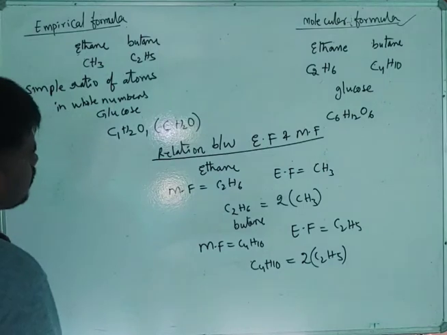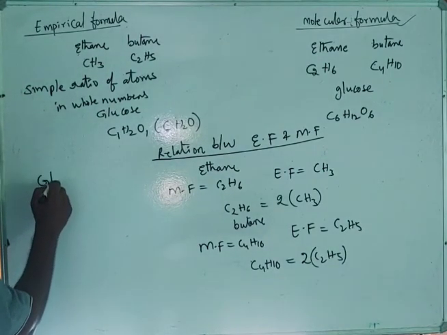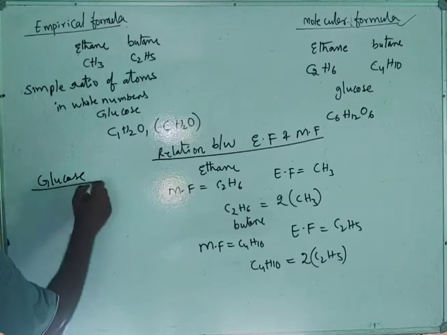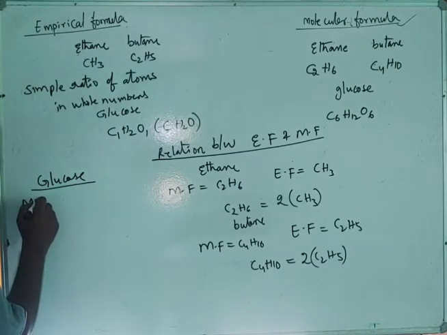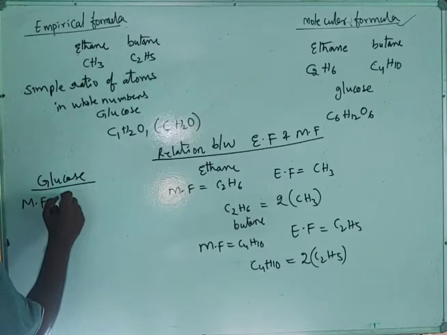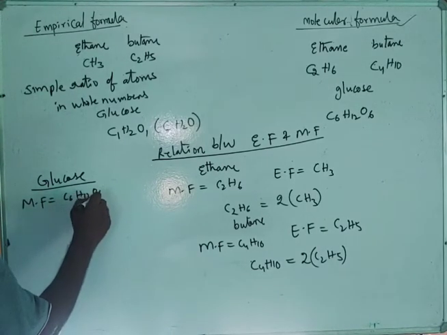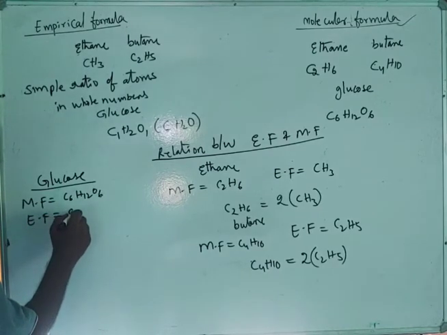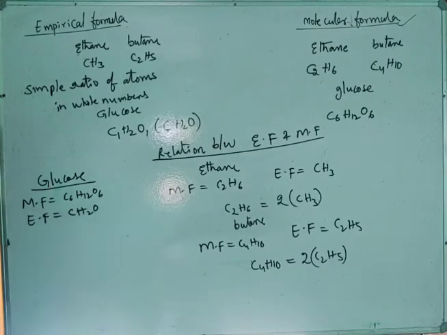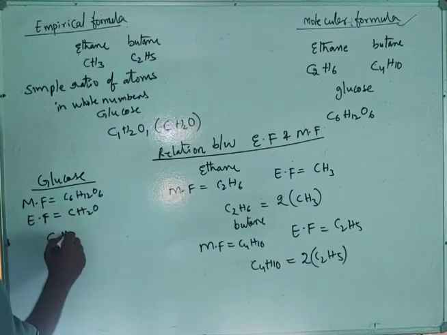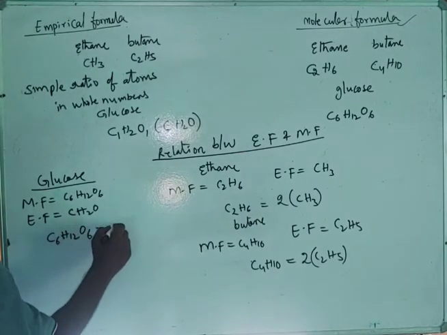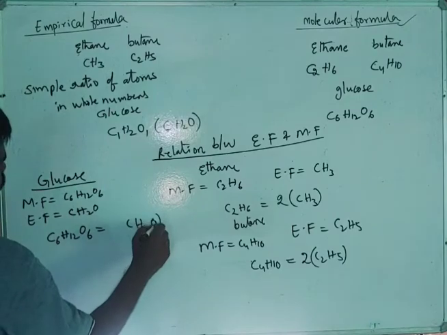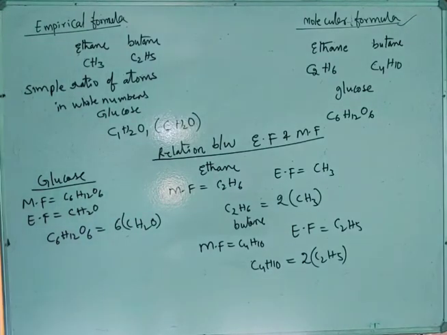And next let me take glucose. Glucose molecular formula C6H12O6. And the next one, empirical formula of glucose, CH2O. Now when these two formulas will be equal, C6H12O6 is equal to CH2O if you multiply this one with 6, then both the formulas will be equal.